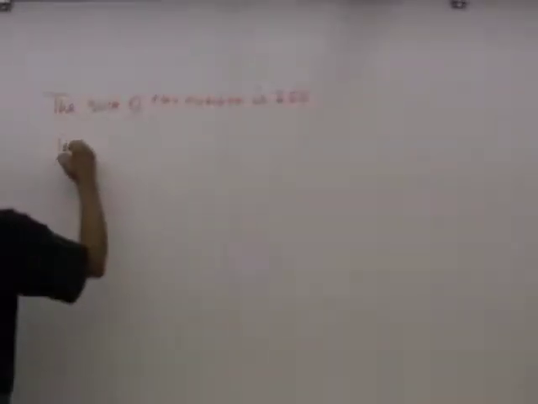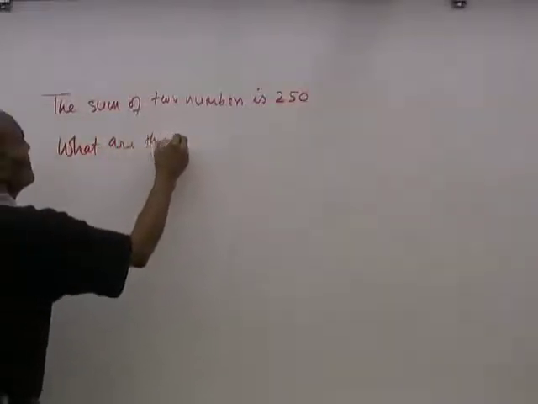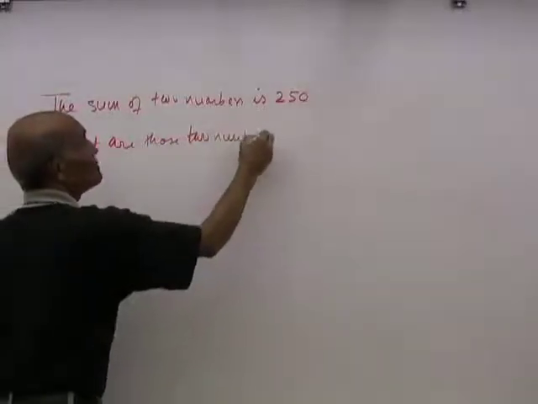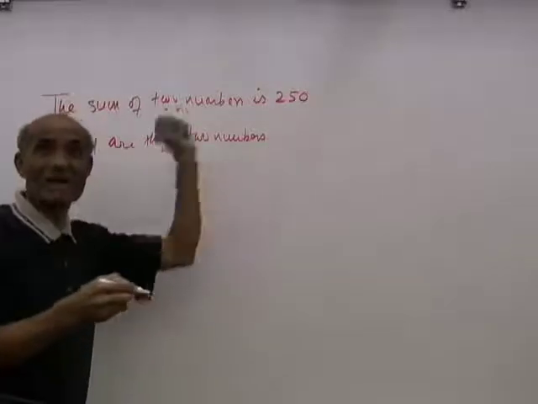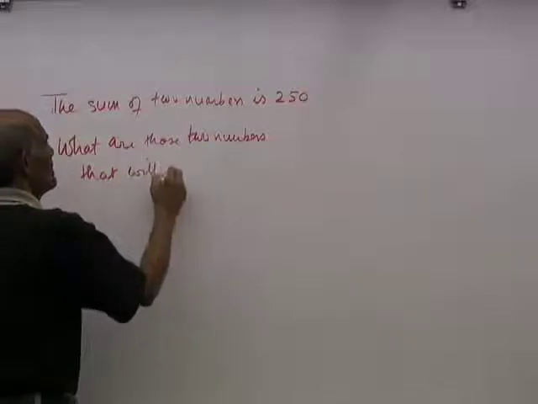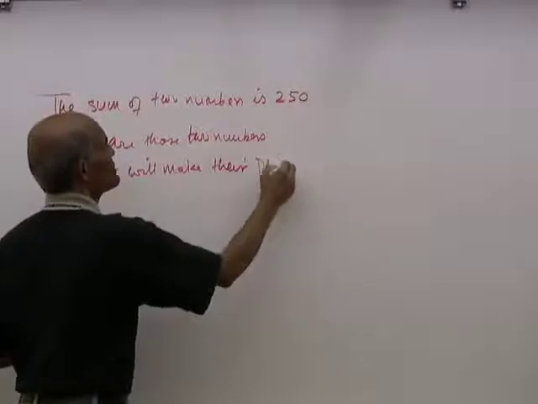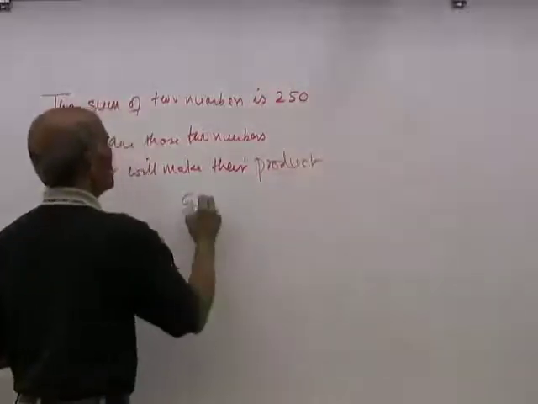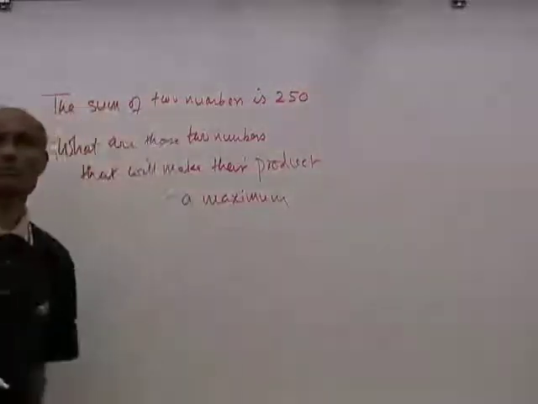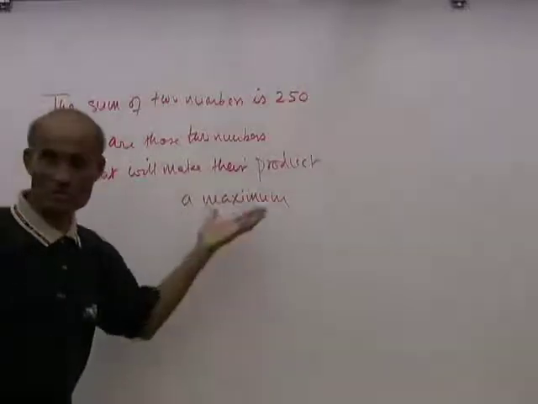Now, what are those two numbers that satisfy this, that will make their product a maximum? A typical problem. It doesn't matter if you can't read it, but you understand the problem.